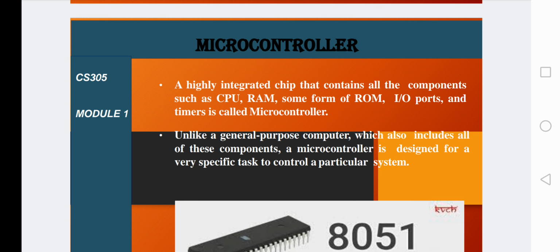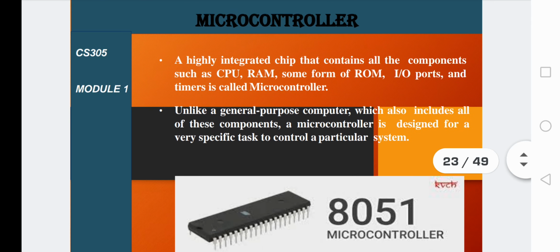Another difference between a microprocessor and a microcontroller is that a microprocessor can be used to perform any number of tasks. A single microprocessor will help you perform any task. The only thing is that whatever task you want to perform with the help of this microprocessor, you simply have to write the corresponding program for it.